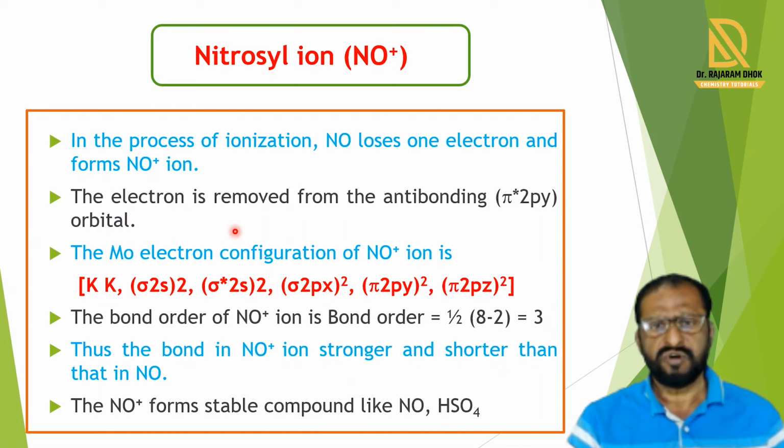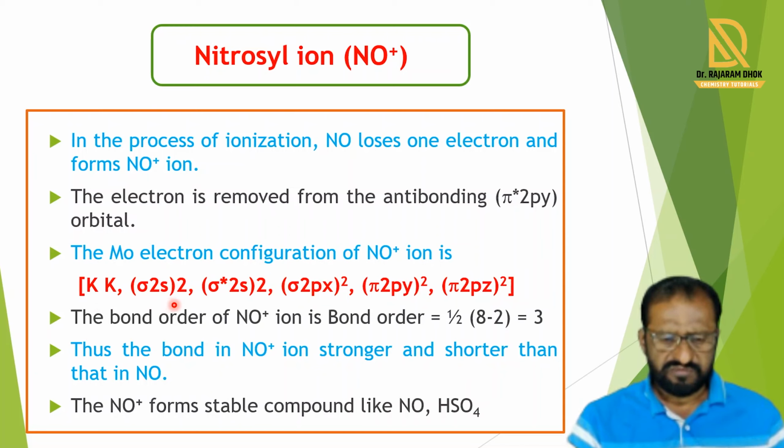Only one electron from antibonding pi star 2py is removed and the rest of the diagram is the same. From this we can write the MO electronic configuration of the NO plus ion, in which the K and K molecular orbitals remain as they are. Then sigma 2s 2, sigma star 2s 2, sigma 2px 2, pi 2py 2 and pi 2pz 2. So this is the MO electronic configuration of the NO plus ion.